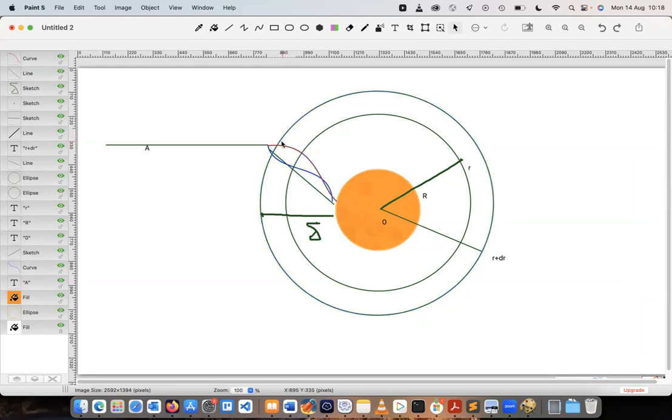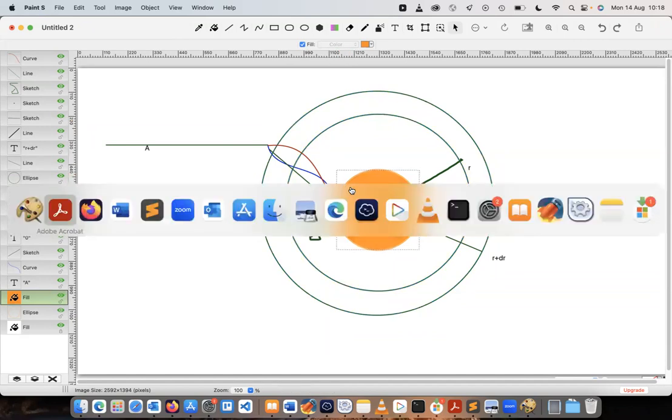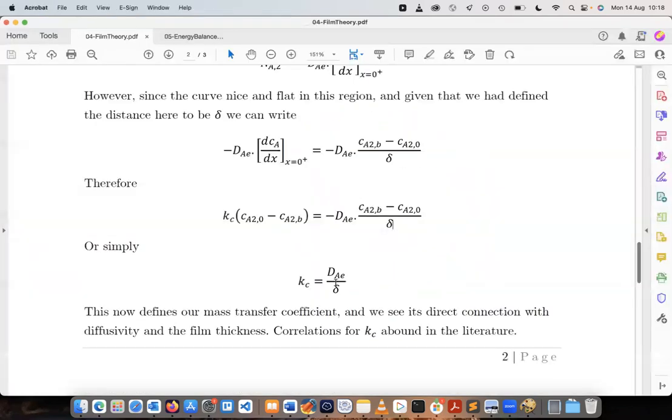Then we say the film that applies is the distance from the surface here to that position. And that's a finite distance. Maybe this is 5 microns or something like that. So that's going to be our film thickness delta, and then we have a finite number here for delta.